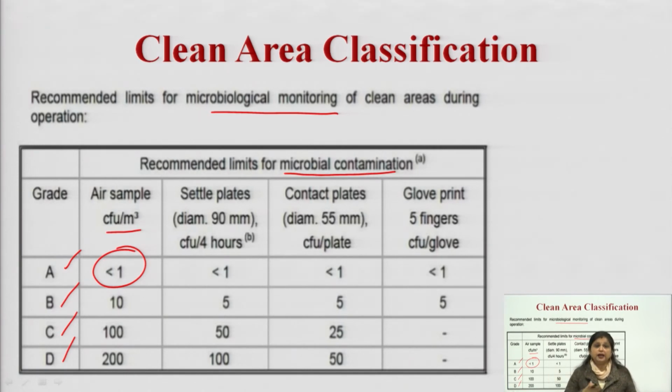There should be no microorganisms within the area known as aseptic, grade A. Whereas for grade D, the area can contain even 200 colony forming units within 1 cubic metre. That means 200 microorganisms may be there which can form colony forming units within a cubic metre.